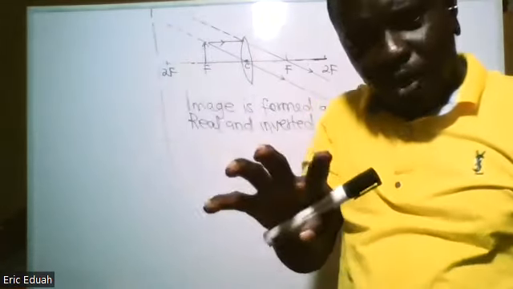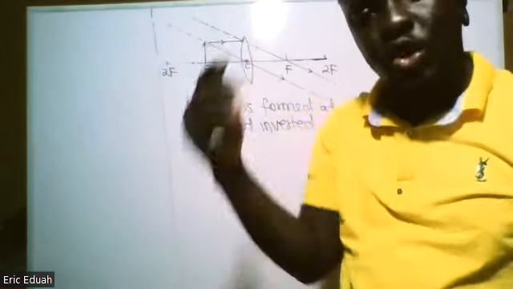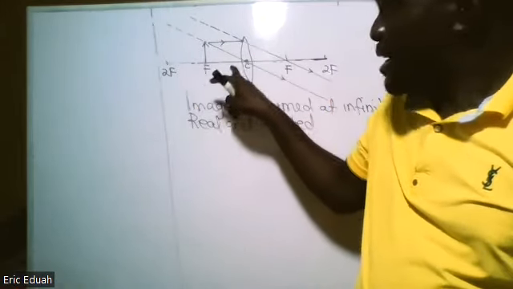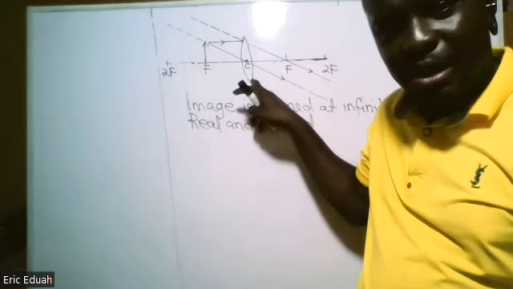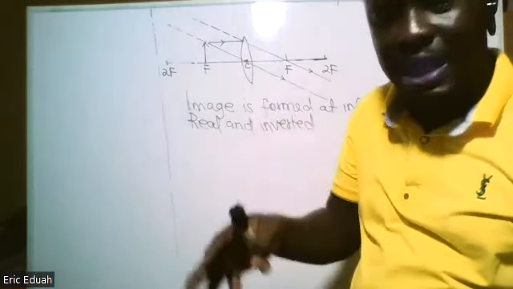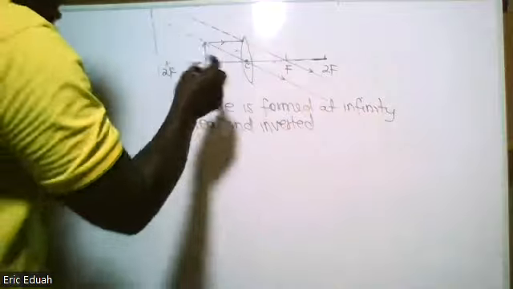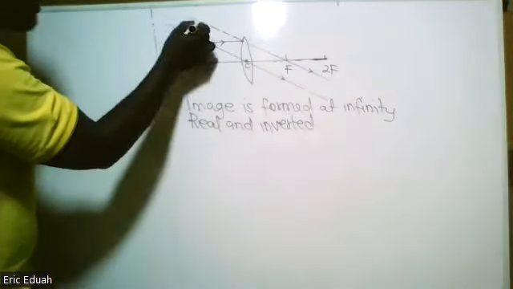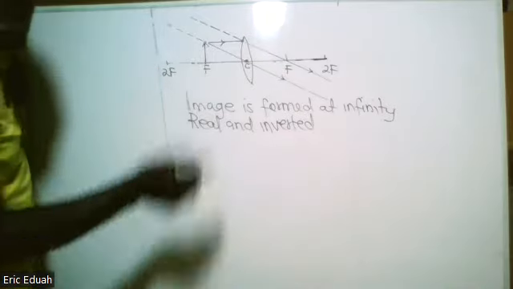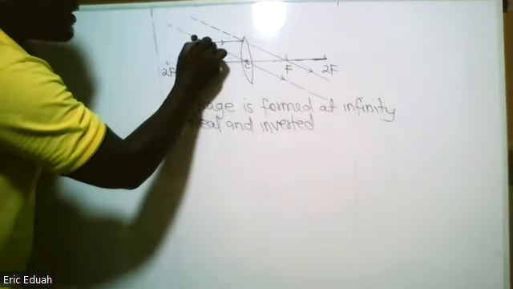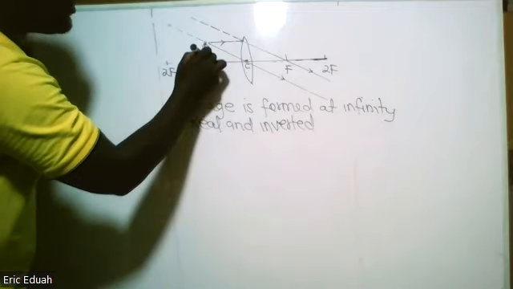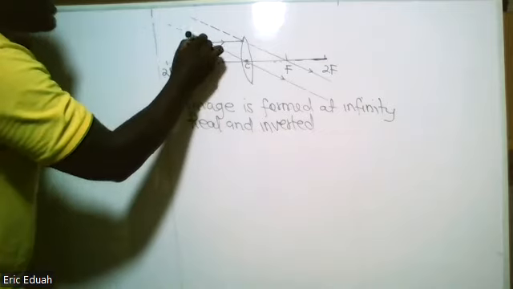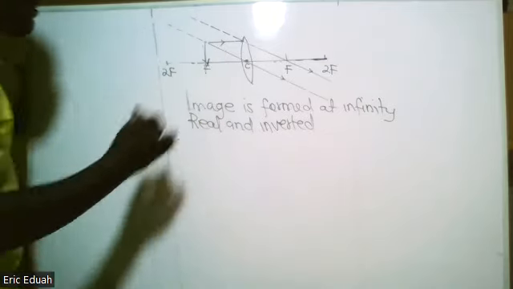The image of this far distance object is always zoomed and brought to the principal focus of the lens used for the telescope. If this is the objective lens of the telescope and you are using it to view a very far distance object, its image would always be formed over here. And when the image is formed at the principal focus, the image formed is inverted.